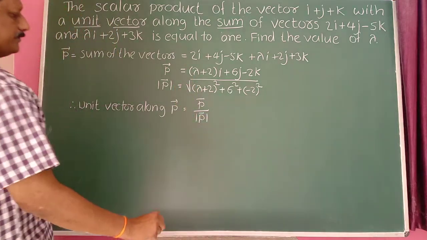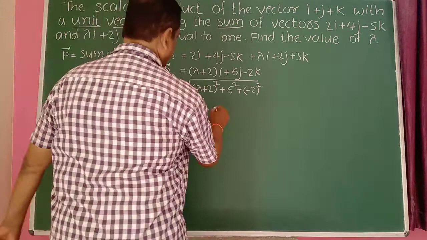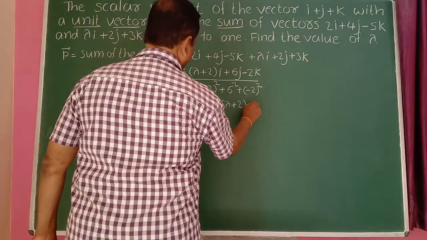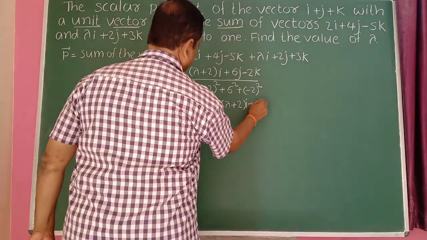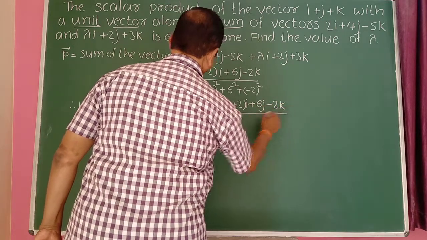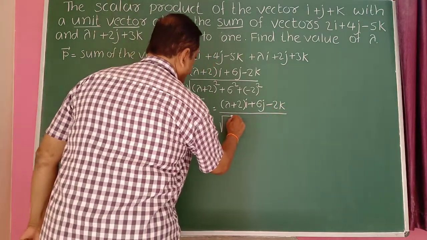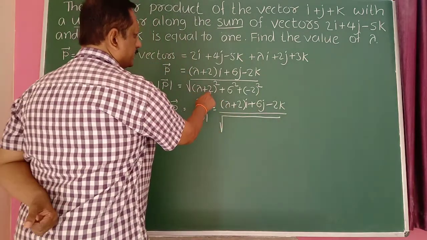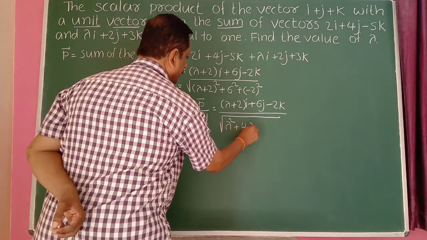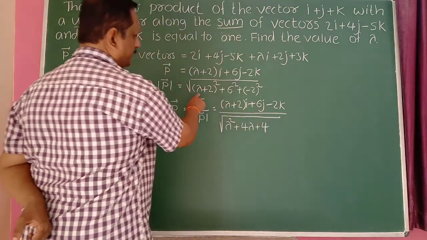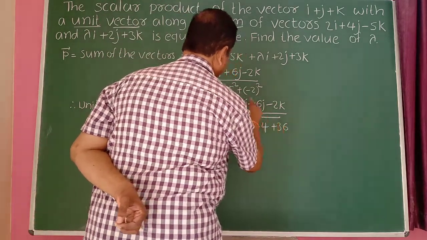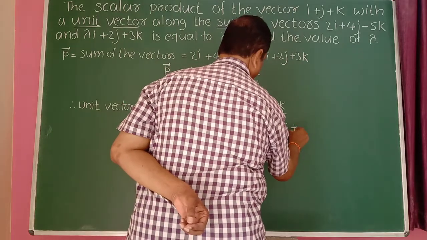So this equals lambda plus 2 into i plus 6j minus 2k, divided by root of lambda plus 2 squared, which is lambda squared plus 4 lambda plus 4, plus 36 plus 4.